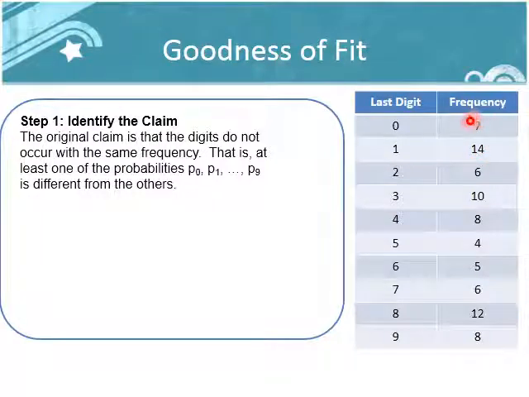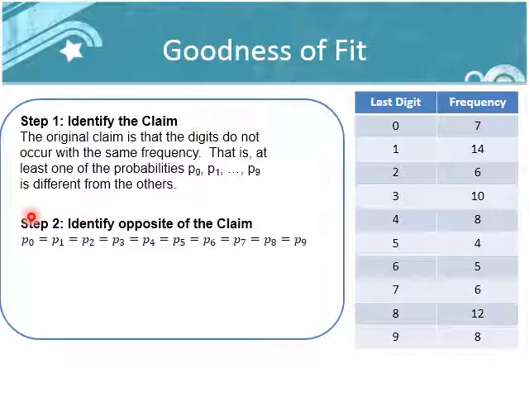And when I say proportion, I mean 7 out of all 80, or 14 out of all 80. So we label these as P0, P1, P2, P3, all the way down to P9. So we're claiming that at least one of those, P sub 0 through P sub 9, is different from the others.